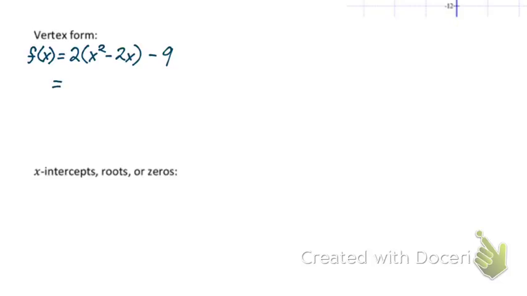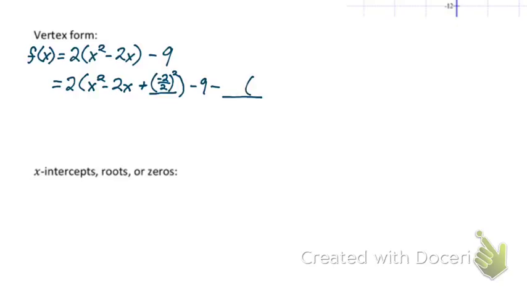Now to complete the square, we're going to do 2 times (x squared minus 2x, and we are going to add something), minus 9, and then since I added something, I'm going to subtract something away. Now what goes in that first blank is b divided by 2 squared. So that's going to be negative 2 divided by 2 squared.